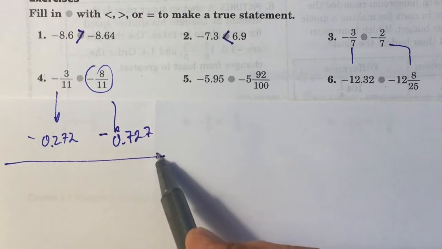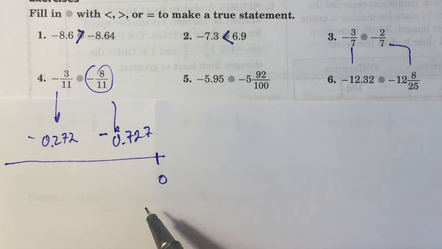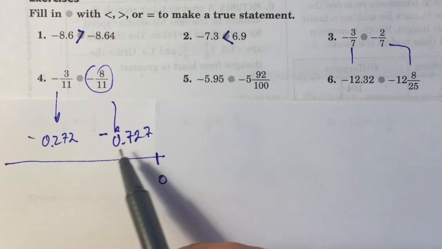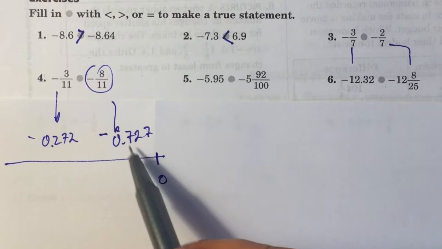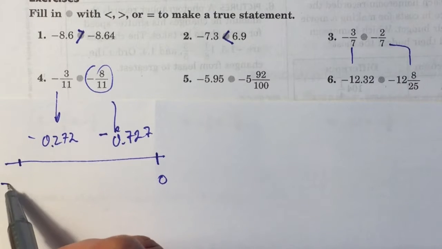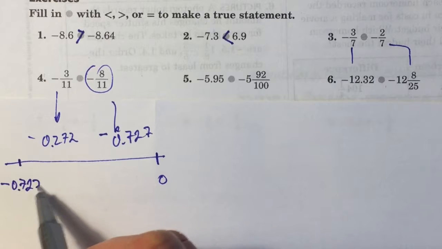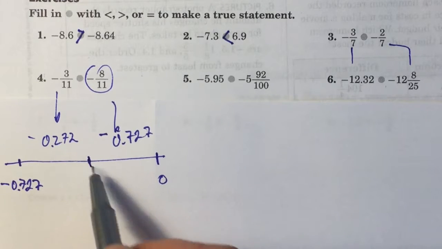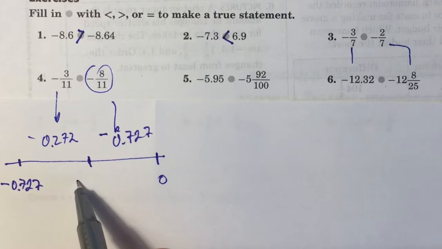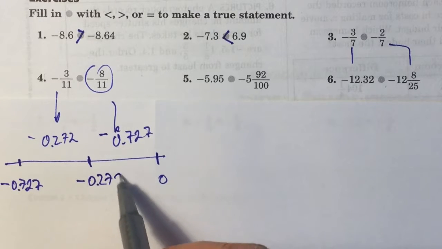Okay, let's do it. If this is 0, then look at that, 272 and 727. This is bigger. The distance from this one to 0 is going to be bigger. So my negative 0.727 is going to be here. And for this one, the distance from this number to 0 is going to be smaller. So this is negative 0.272.